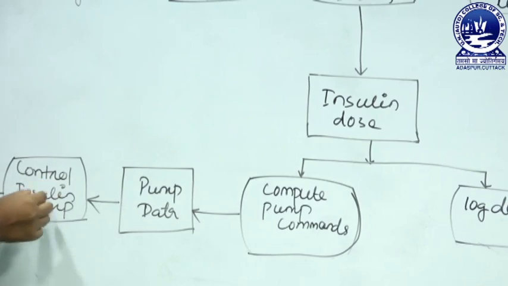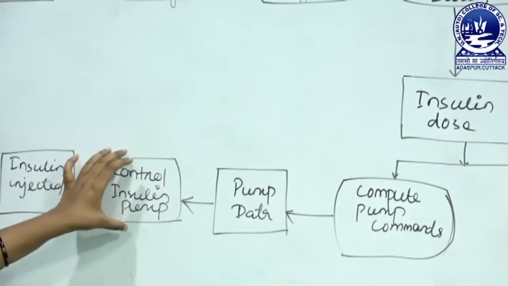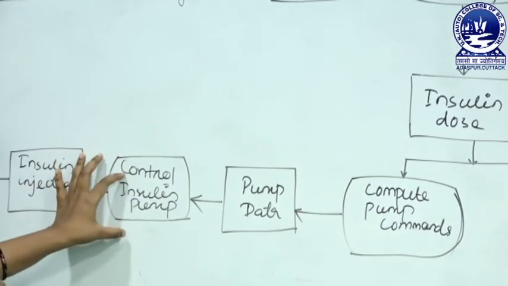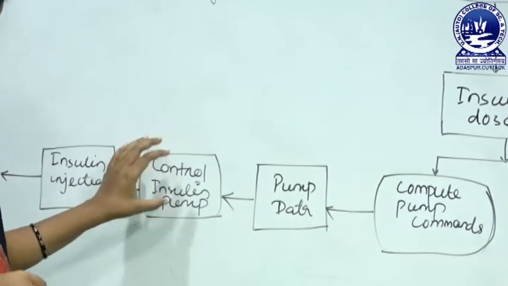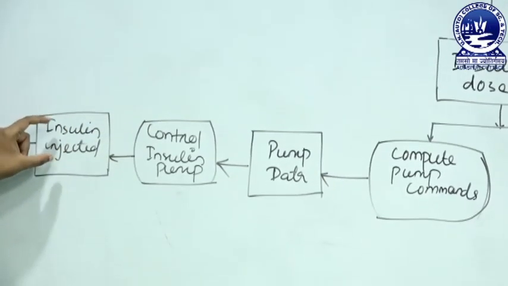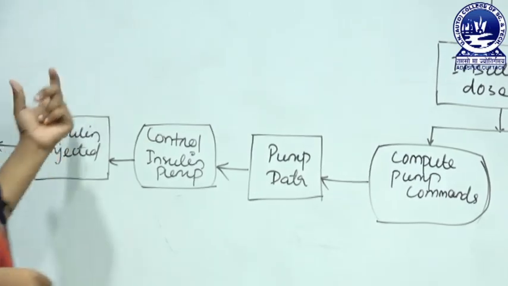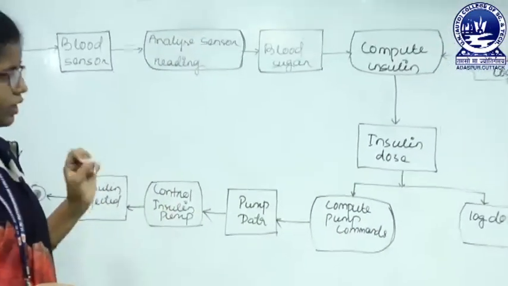Next, it will control the insulin pump. This is the activity. Through this control insulin pump activity, the correct amount of insulin is injected into the patient's body through the needle. So, this is the overall working.